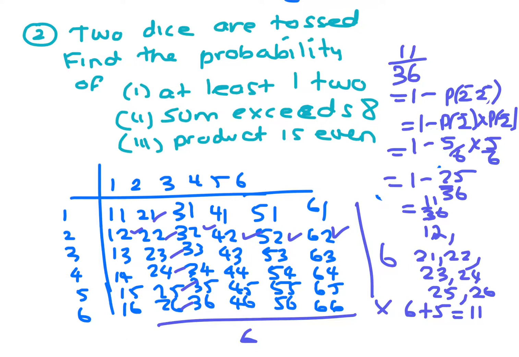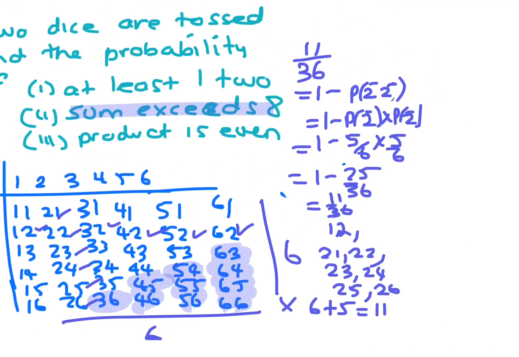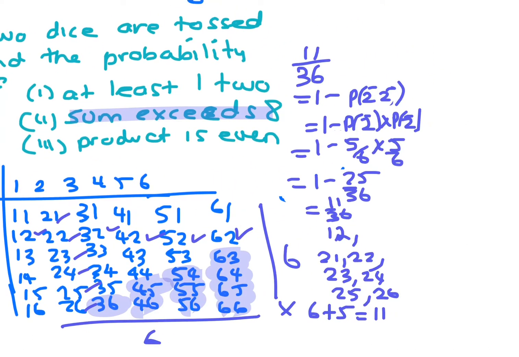So looking at the next one, it says the sum exceeds 8. So which one of these does the sum exceed 8? Now, if you go into this column, all of those exceed 8. This one is the last 3. If you didn't draw the table out, then you'd know that it would be out of 36.